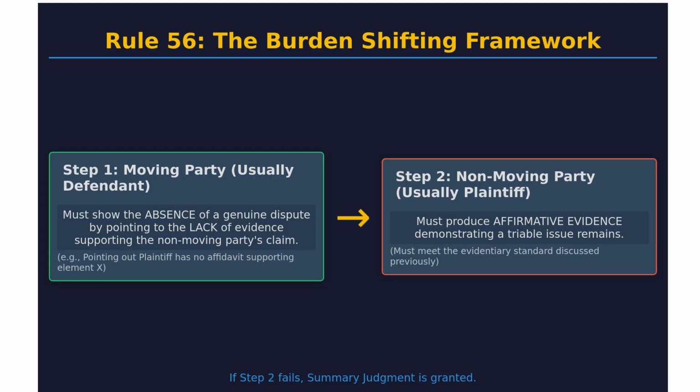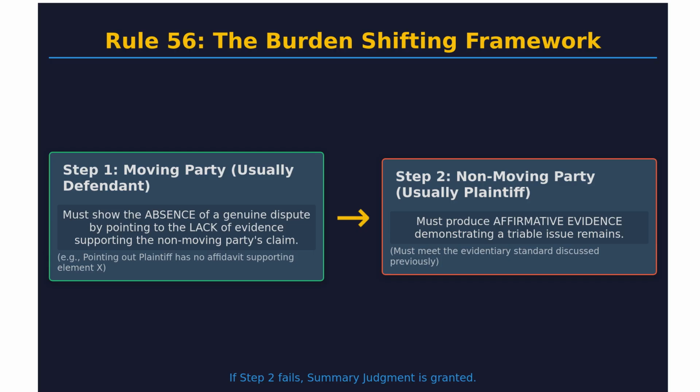They achieve this not by presenting their own case, but by pointing out the absence of evidence supporting the non-moving party's essential claims. For instance, if the plaintiff must prove negligence, the defendant points to the record showing zero evidence of breach. Once the moving party successfully discharges this initial burden, the burden shifts.